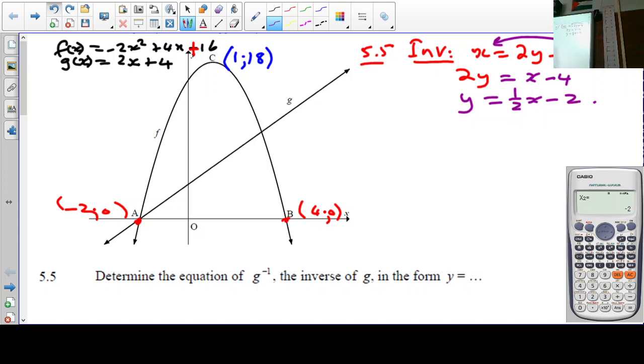So that's the equation of the inverse function. Okay. Any confusion there? Sir, could you leave it in that form, or could you say x minus 4 over 2? x minus 4 over 2 is also acceptable. Let's look at 5. Any other problems here, people?